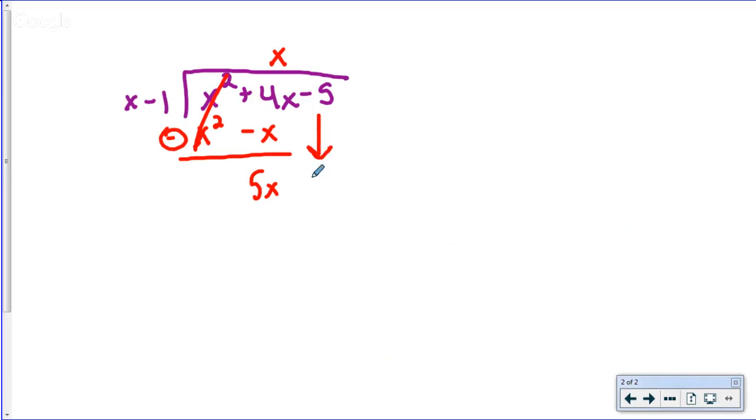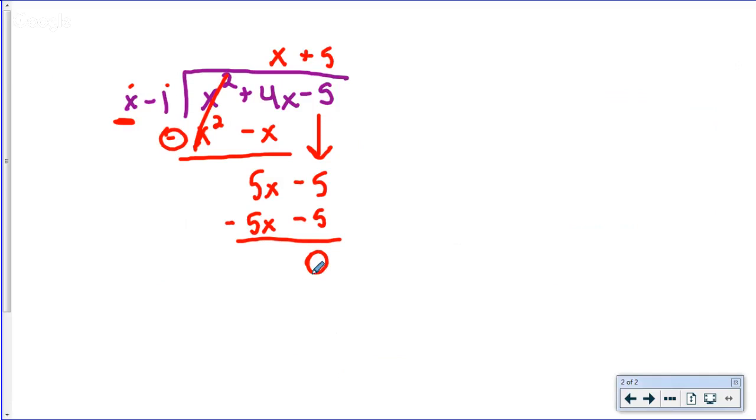Bring down your next term, negative 5. Again, you're trying to match this first term with this term. So how do I make an x become a 5x? Well, I multiply by a positive 5, then take the positive 5 times both of the terms out front. So you get 5x minus 5, subtract, you get a 0.